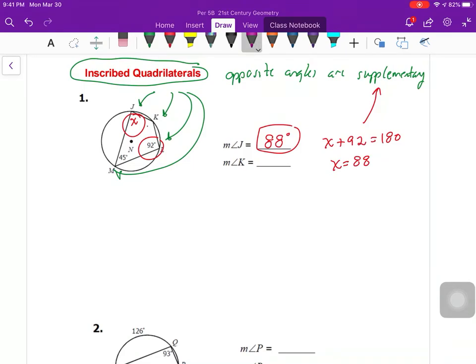In a similar fashion, if I'm looking for angle K up here, these two have to be supplementary. 45 plus y equals 180. So y would equal 135.